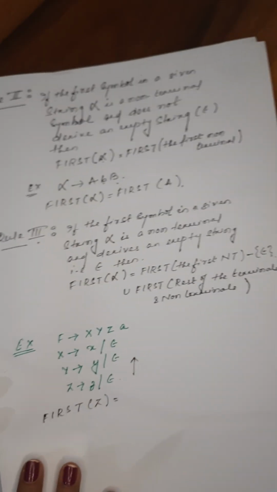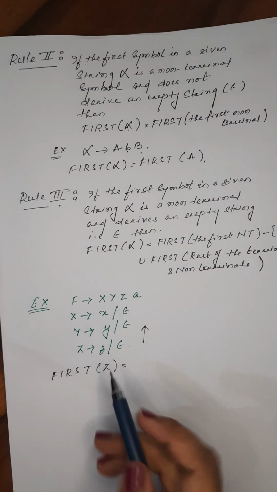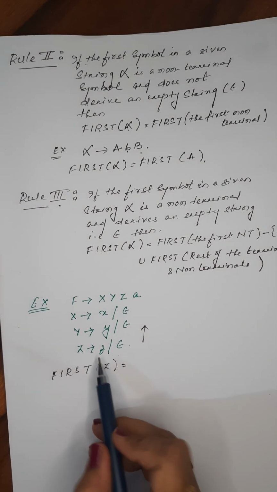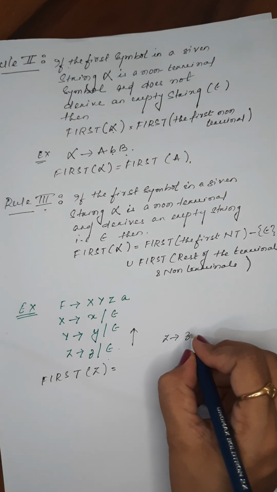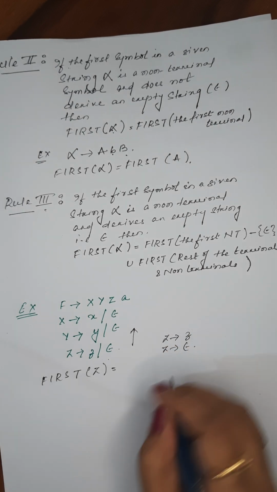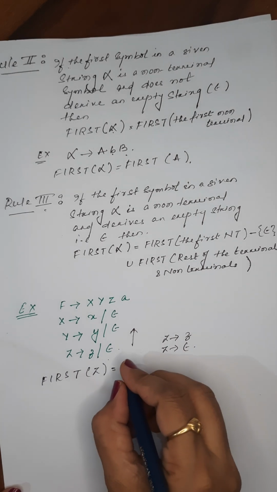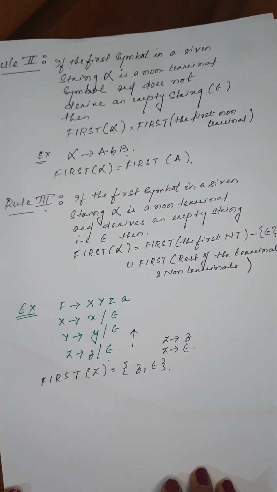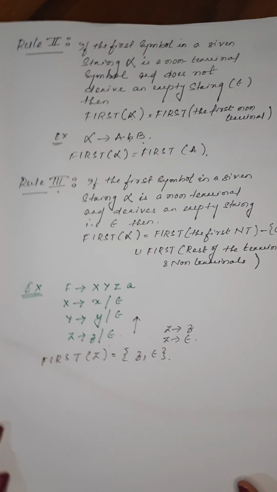In this example, z is a terminal symbol as well as epsilon is a terminal symbol. So, I can break this production also. How? Z tends to small z, Z tends to epsilon. Then both the symbols are terminal symbols. So, what will be the first of Z? First of Z will be z comma epsilon, using rule number 1. No need to write the rule numbers, but directly you have to apply it.